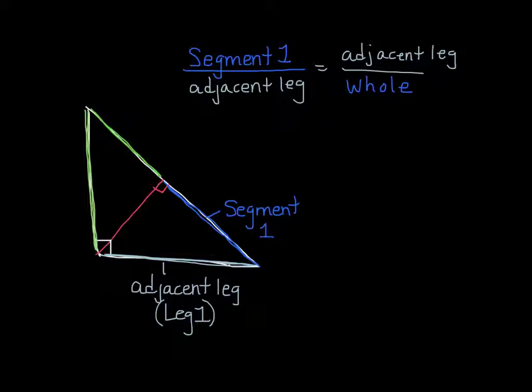Here, that would be this blue section plus the green section. So the whole hypotenuse is what the segment is related to. How is it related? The geometric mean between those two values is this leg right here.